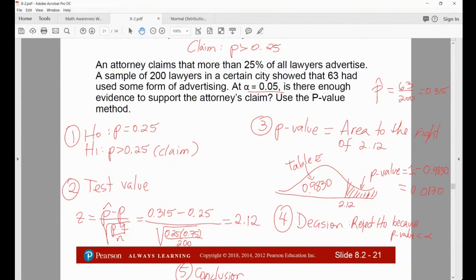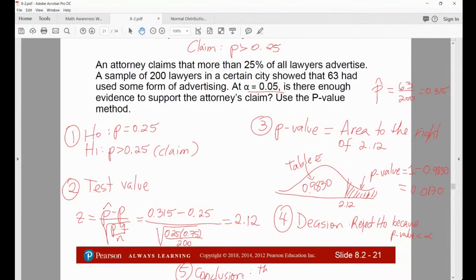And now we can write the conclusion based on the decision. So we reject the null hypothesis. We rejected it. So can we support the claim or not? If we reject this one, can we support the alternative? Yes, we can support the claim.